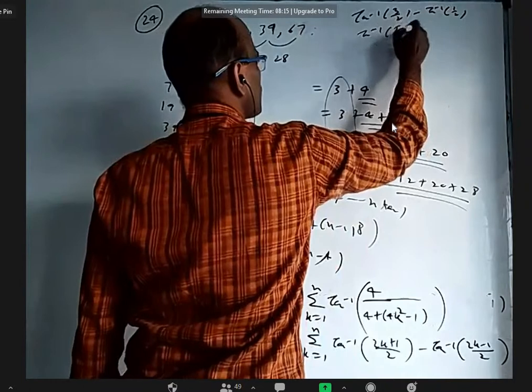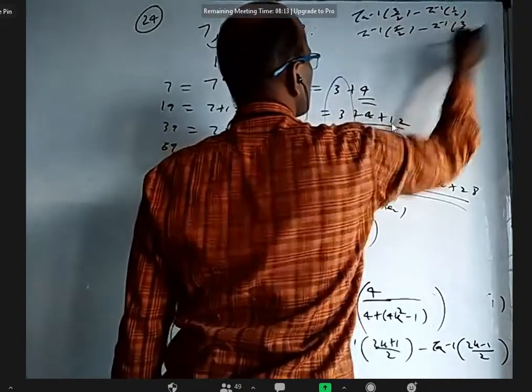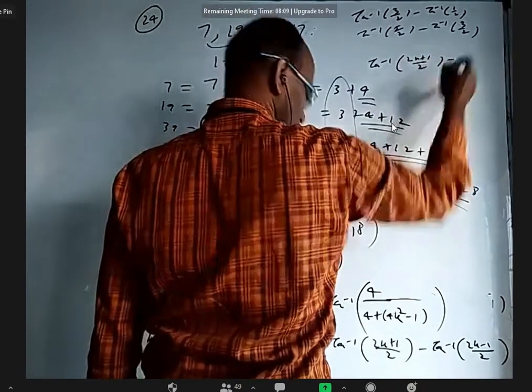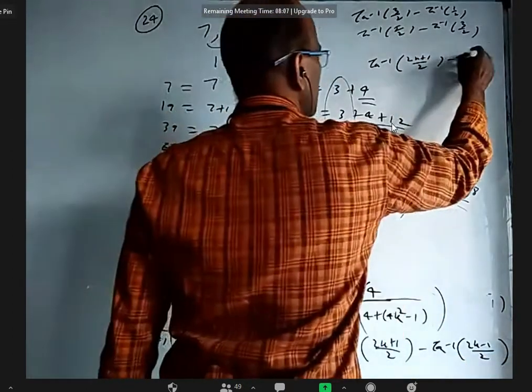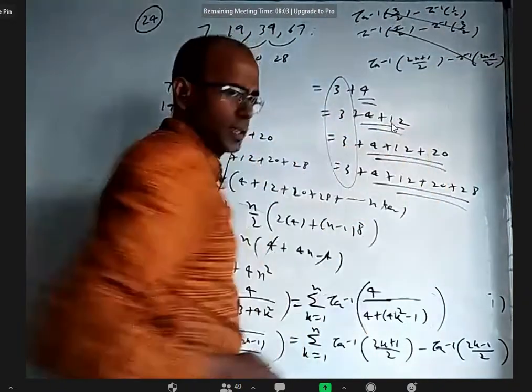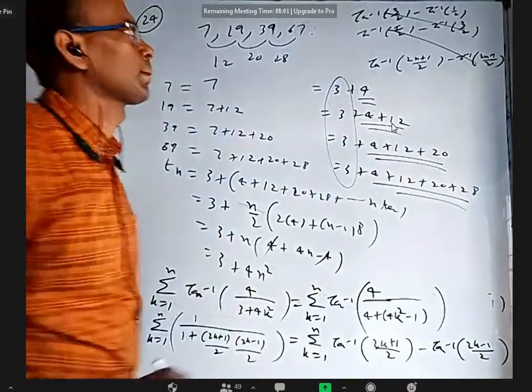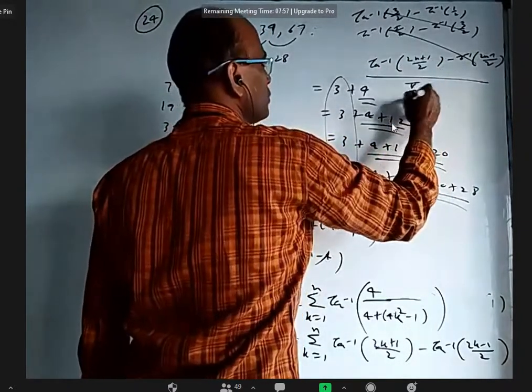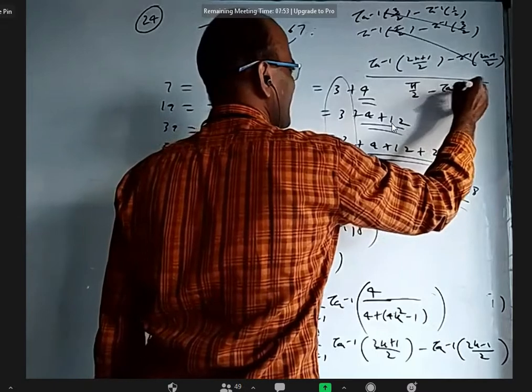Later on, tan inverse 5 by 2 minus tan inverse 3 by 2. And finally tan inverse (2n plus 1 by 2) minus tan inverse (2n minus 1 by 2). When I cancel all these things and then I put n equal to infinity, this will become pi by 2 minus tan inverse of 1 by 2.